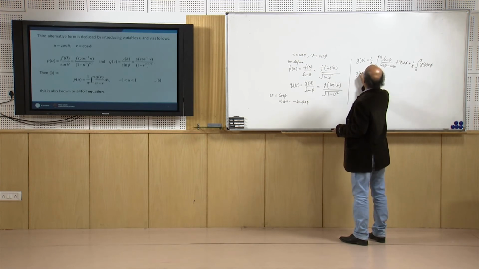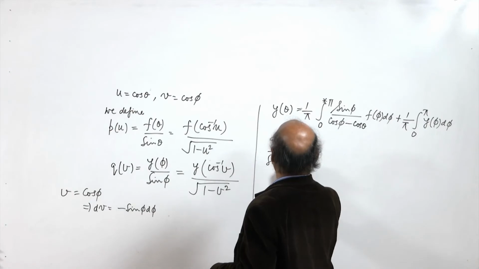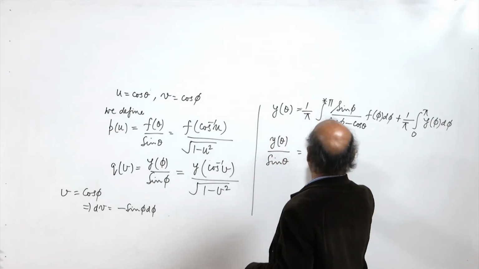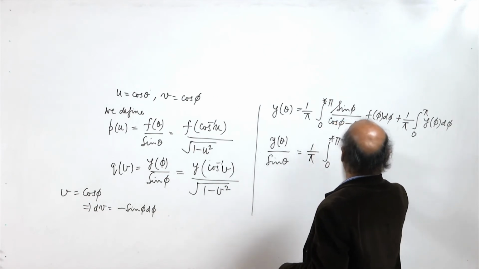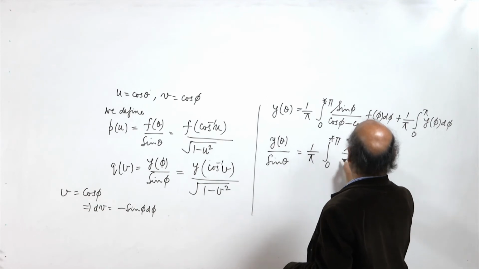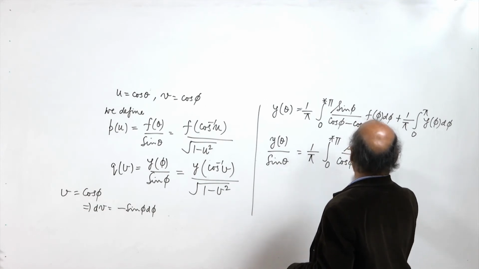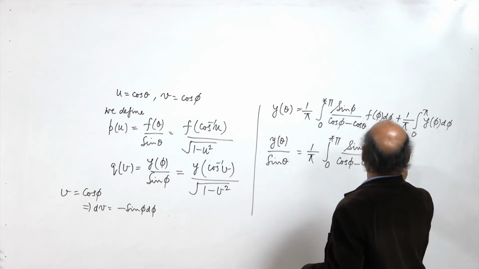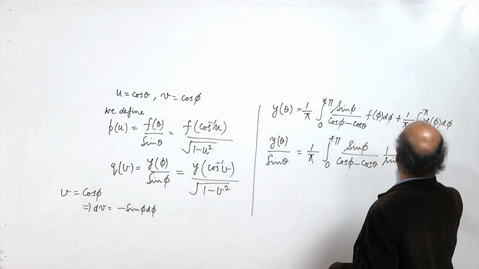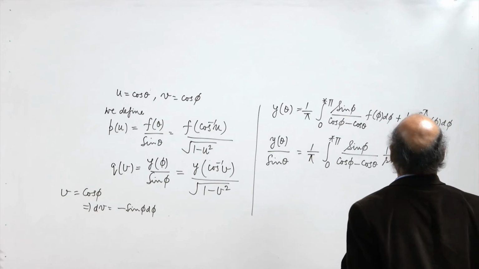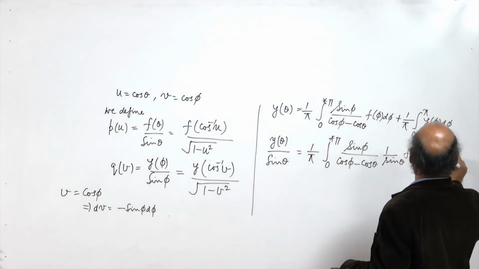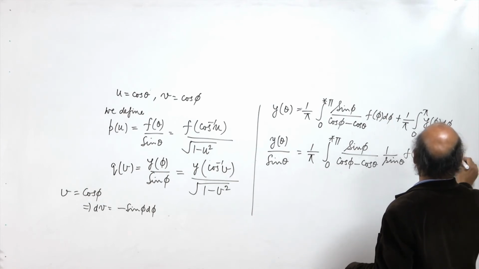So psi theta upon sin theta equals 1 over pi, integral from 0 to pi, sin phi upon cos phi minus cos theta, 1 over sin theta, f phi d phi, plus 1 upon pi, integral from 0 to pi, psi phi upon sin theta d phi.